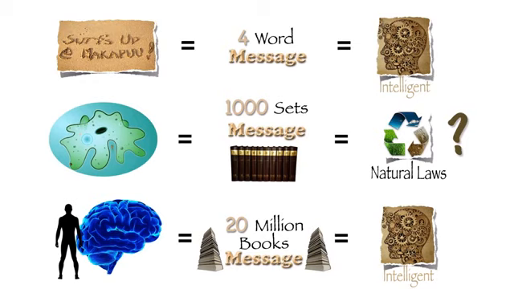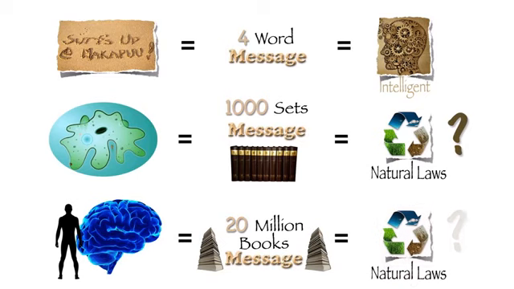You gotta believe that something with that much information, a 20 million book library message, certainly had to have an intelligent source. Again, the Darwinist says, no, it's natural laws. Yet, common sense tells us that this doesn't make sense. If simple messages point to an intelligent cause, then surely the extraordinarily complex messages found inside the amoeba and the brain also point to an intelligent cause.